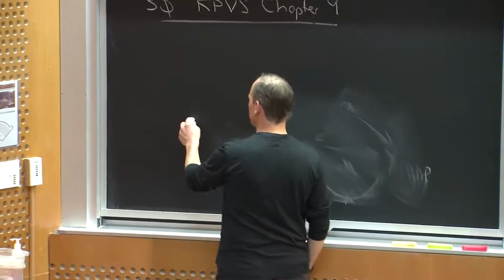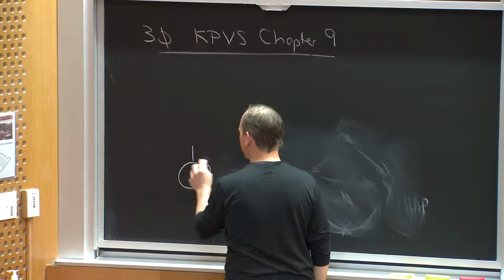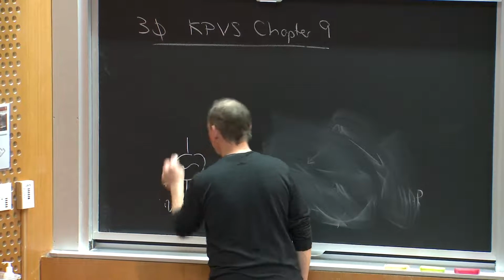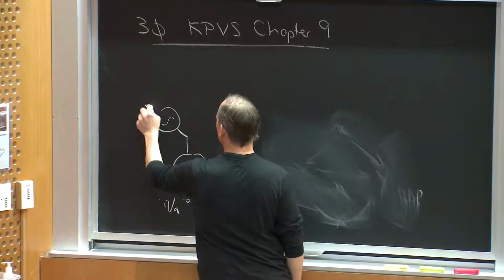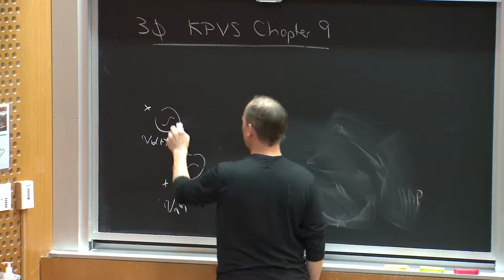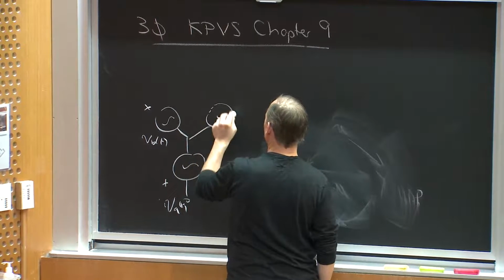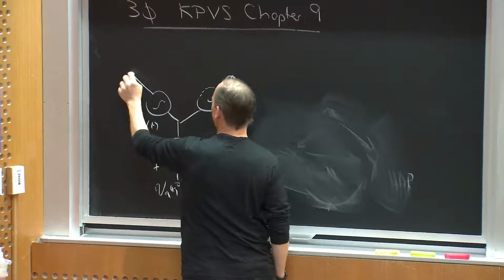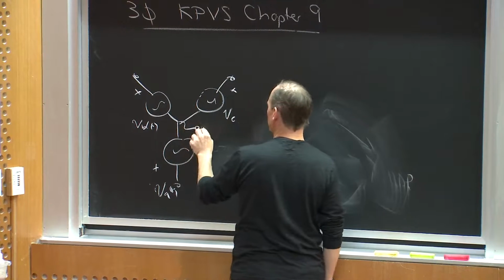But just to remind you, I might have three voltage sources, VA(t), VB(t), and VC(t), that I bring out as three phases, and I may also have a neutral.